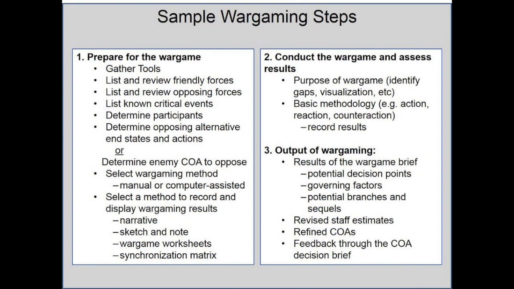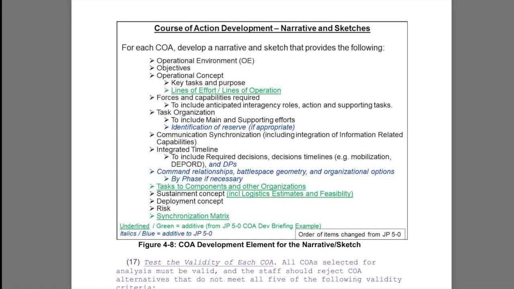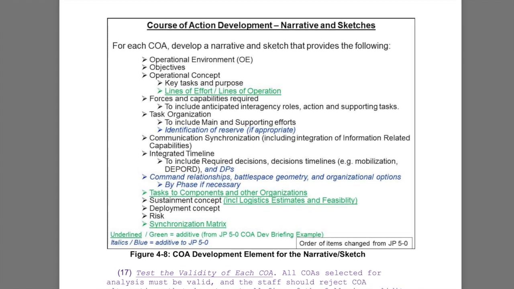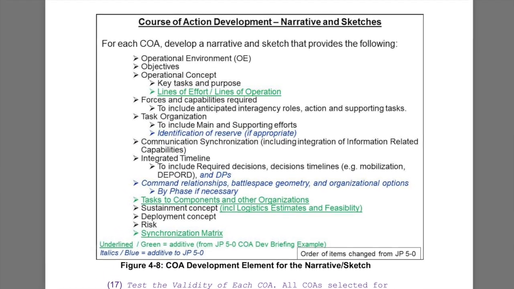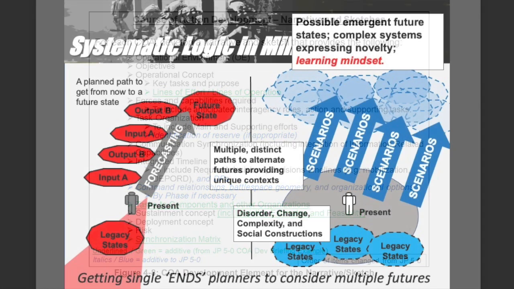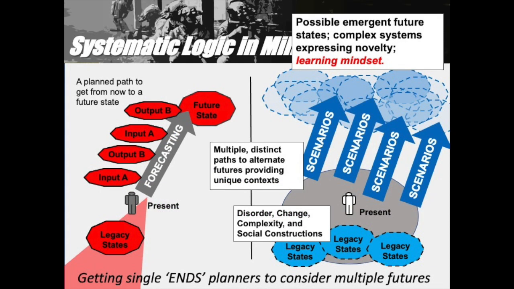Each COA developed, whether 2 or 20, in a systematic military planning model, are different actions synchronized to accomplish the same singular desired end state. COAs are different ways to get at the same singular future, while multiple futures are very different emergent contexts that profoundly alter the future context that the military and other stakeholders and adversaries might find themselves in as the complex security context undergoes the emergence and this transformation.